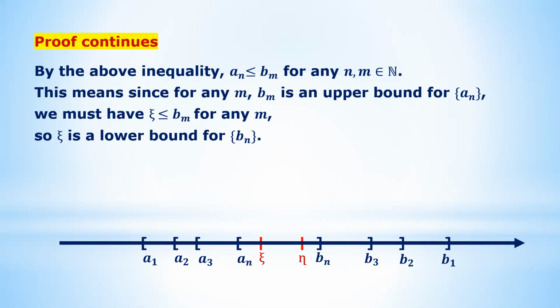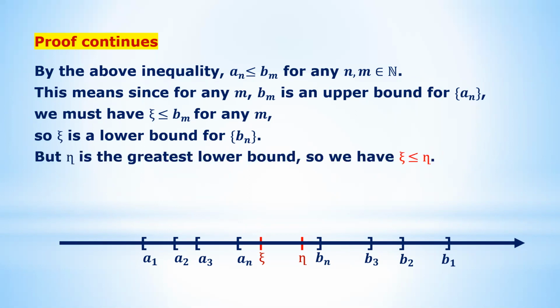C may not be the greatest lower bound, but it has to be a lower bound. Now think about eta. Eta is the greatest lower bound. Obviously, eta has to be greater than or equal to C, because C is a lower bound. So this proves that C is always on the left side of eta.